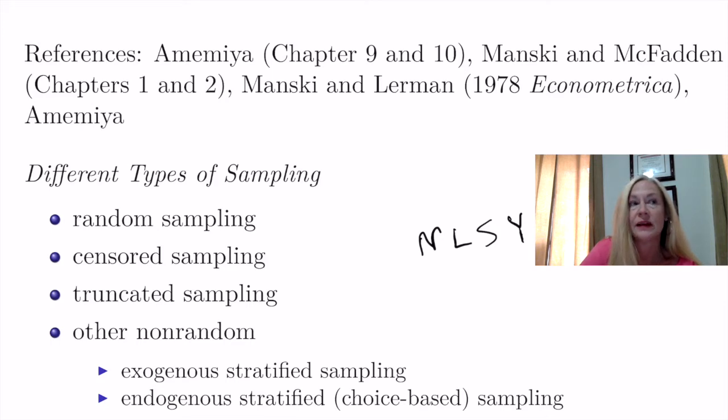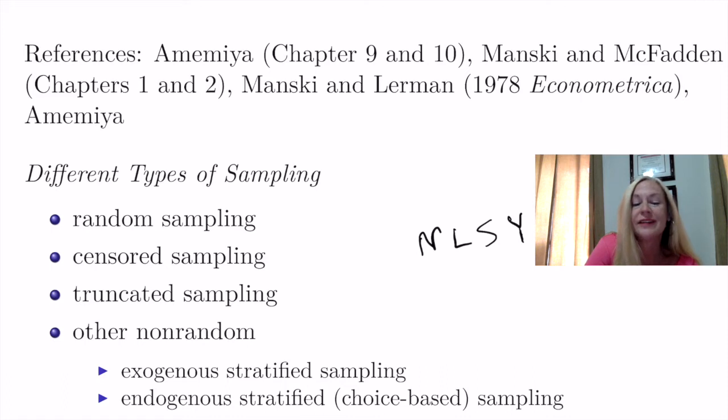It's typical for people to oversample high density population areas because it's easier to sample. If you're in a city, you can just go apartment to apartment, whereas if you're in a rural area, you might have to drive 30 miles in between the different respondents. So for cost reasons, you might choose exogenous stratified sampling.